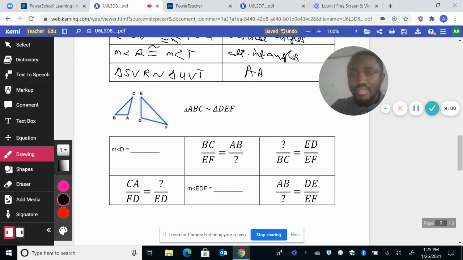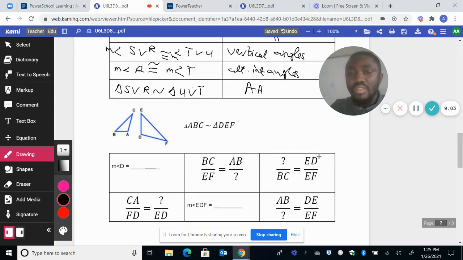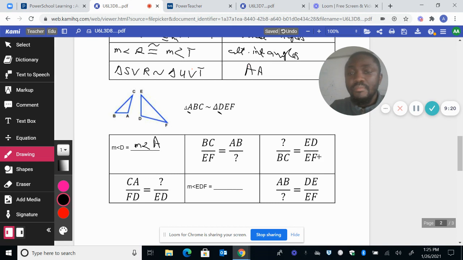So in this case now, triangle ABC is similar to DEF. So the measure of D is going to be equal to the measure of A, since D is the first letter and A is the first letter. And then for the sides, AB is the first two, so it's going to be DE.